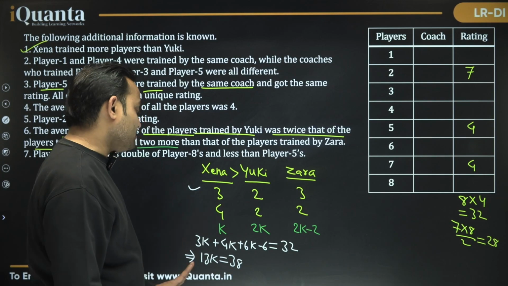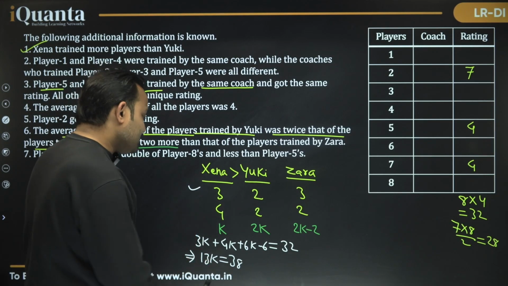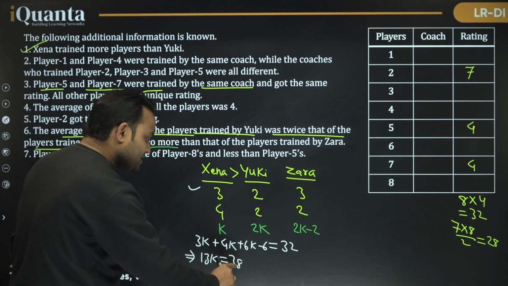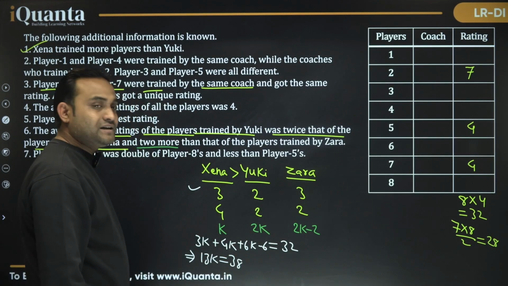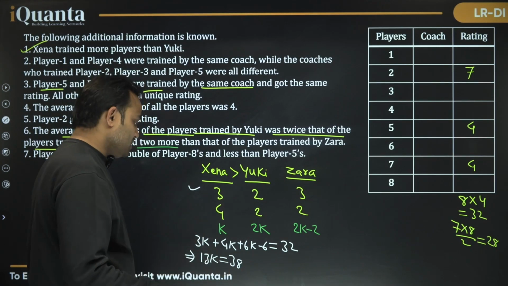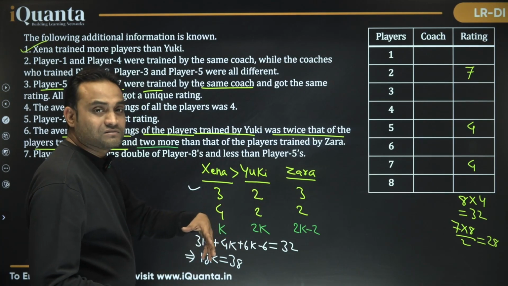Okay, but think about this. If the average is not an integer, then this 2K, the total number will be 38 by 13 into 2, 76 by 13, right? The total. And it doesn't matter if all the values are known or not known.